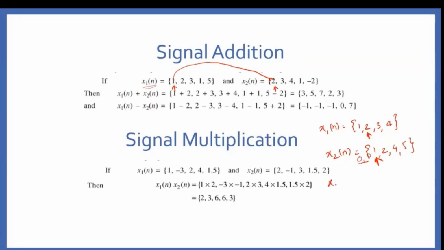So when I say x1[n] plus x2[n], it is pointer to pointer addition. So 1 will be added with the value at the pointer here, 1 plus 2. Since there is no value on the left side here, we do 1 plus 0, comma, 2 plus 1, comma, 3 plus 2, 4 plus 4, and then 5 plus 0.